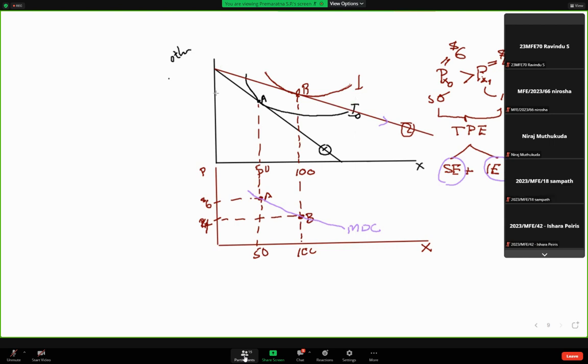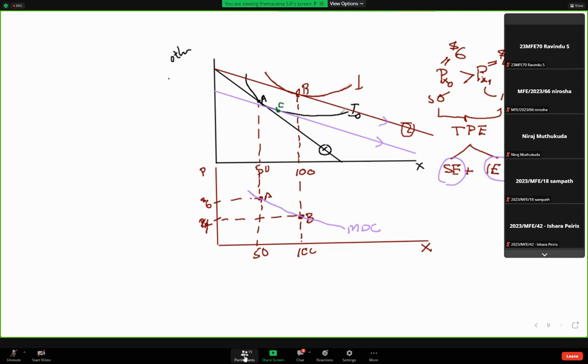So I draw here. You can see it's parallel to the second new budget line. That touches here, at this point, somewhere here. I mark it as the point C, on the original indifference curve.